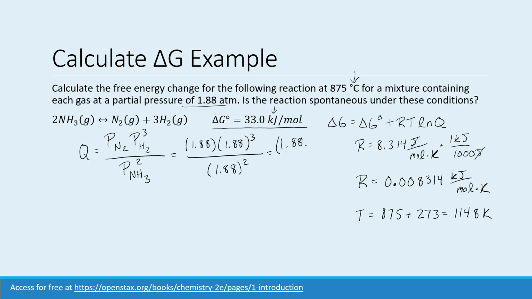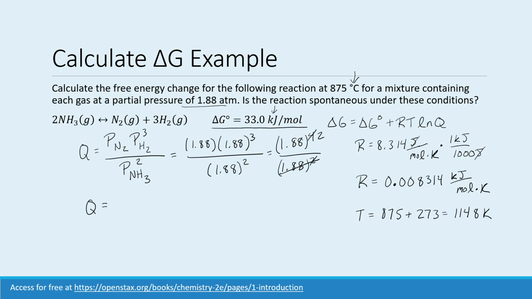Now you can plug this all into your calculator if you'd like. You can do a little bit of power magic. So this becomes 1.88 raised to the fourth power divided by 1.88 raised to the second power. Of course those will cancel out until you're down to 1.88 squared.